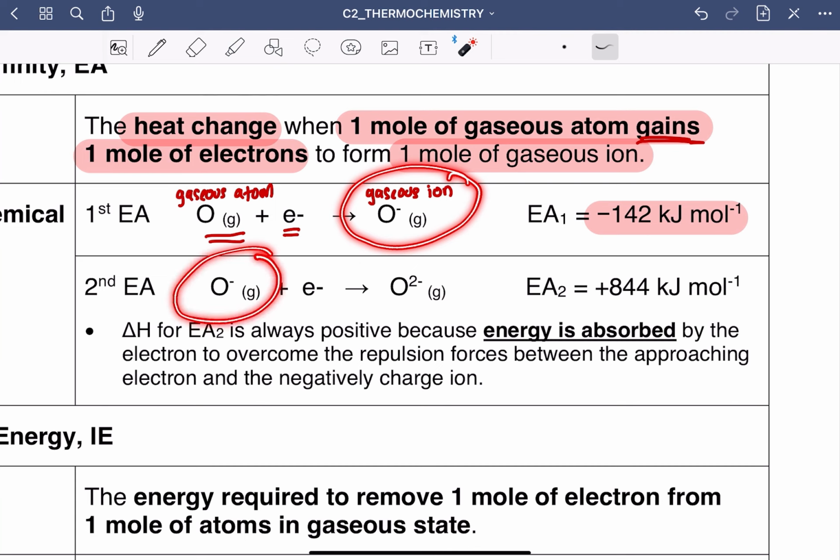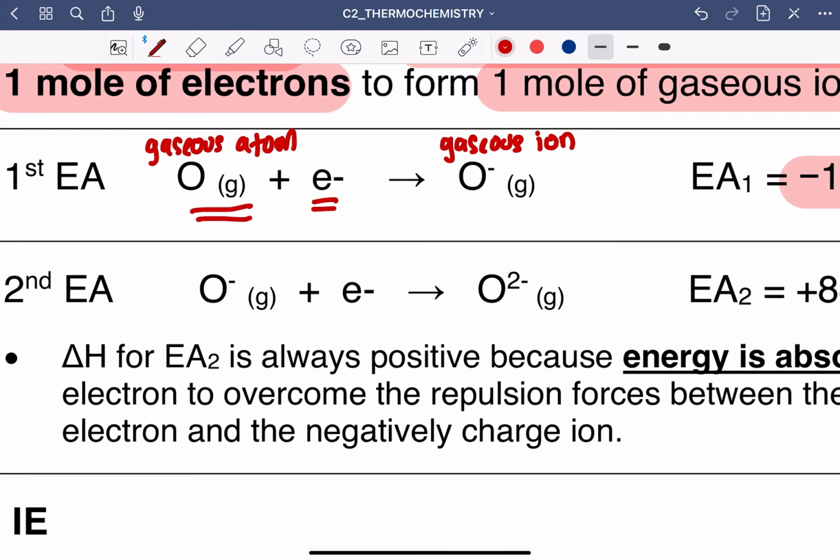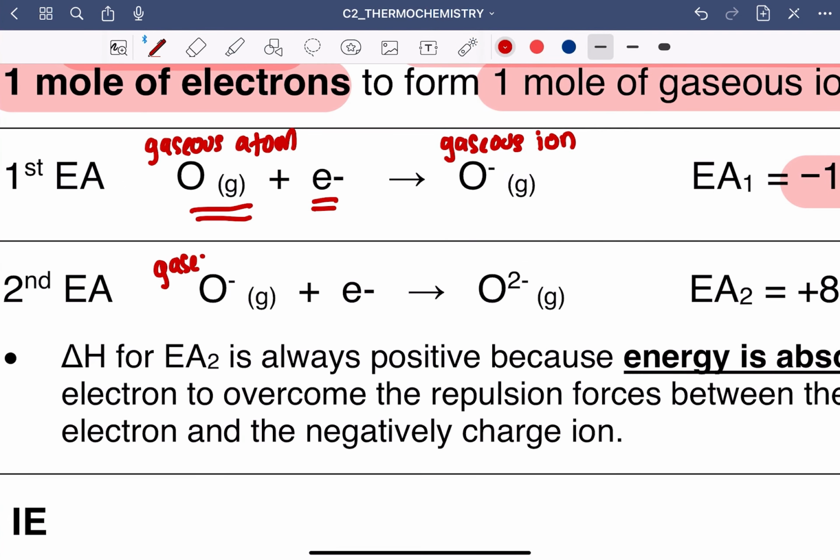get another mole of electron. So in this phase, this is already gaseous ion. Add another 1 mole of electron, then it will produce O2 negative. So this is gaseous ion.